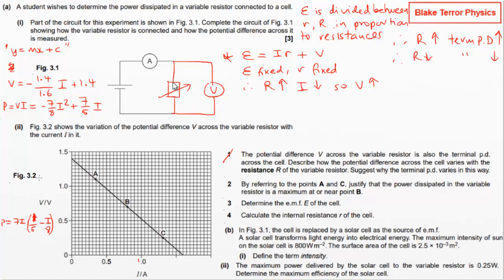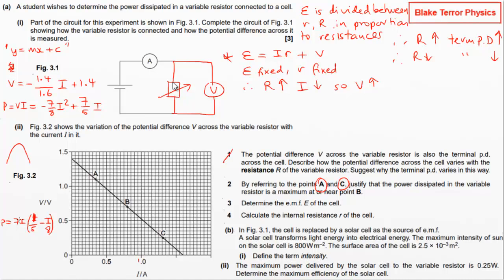So we want a maximum of this, we're wanting to get the maximum power. I'm doing this without referring to points A and C, I don't know why A and C are particularly useful in this. Anyway, I'll come back to that once I finish the sensible way of doing it. So we know that we've got a negative quadratic because we've got a minus I squared, so we've got something like that. So the maximum is halfway between the roots.